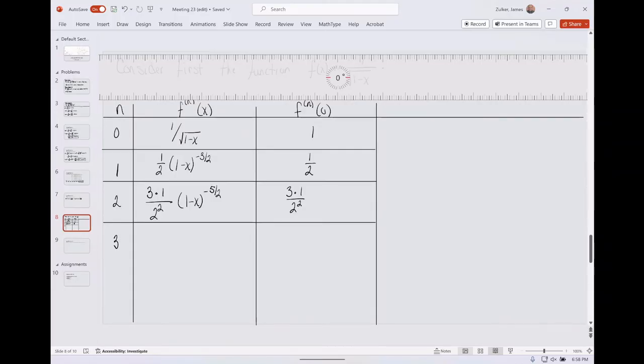That's just one. So is it 15/8 times 1 minus x to the negative 7 halves? And again, I am not going to write it that way.